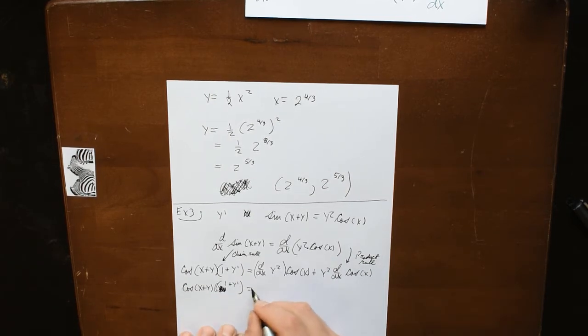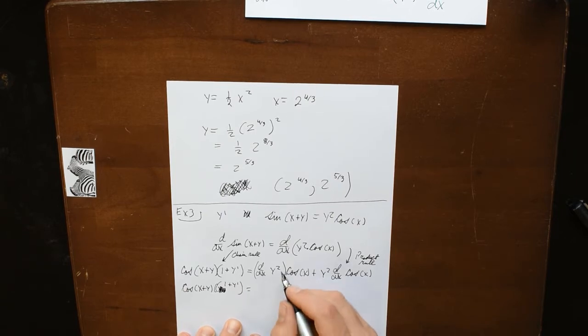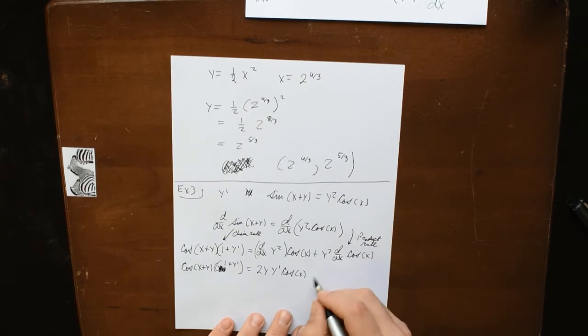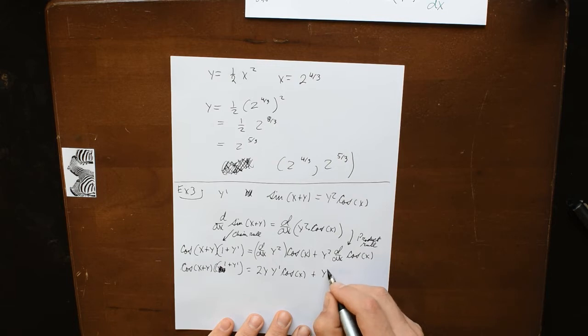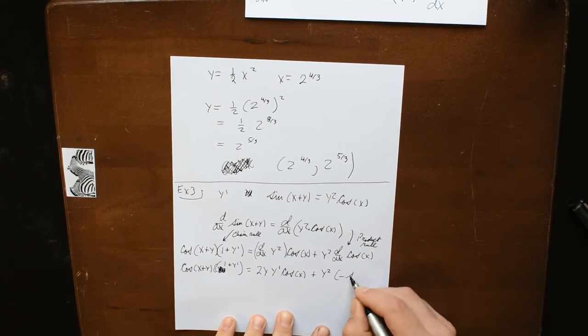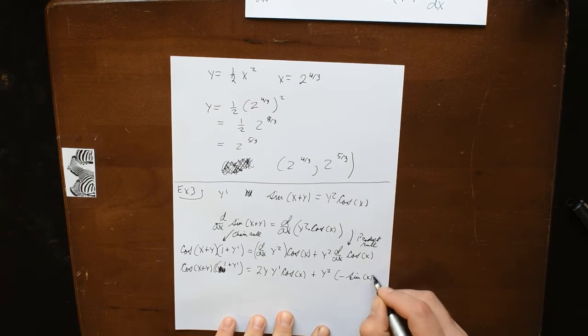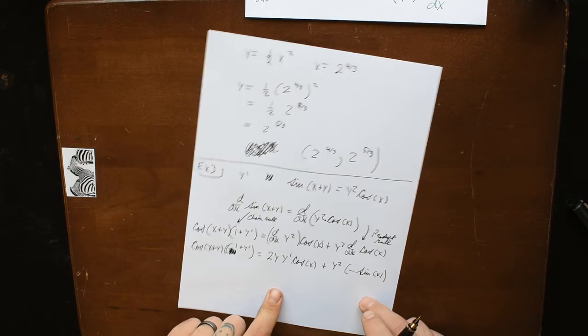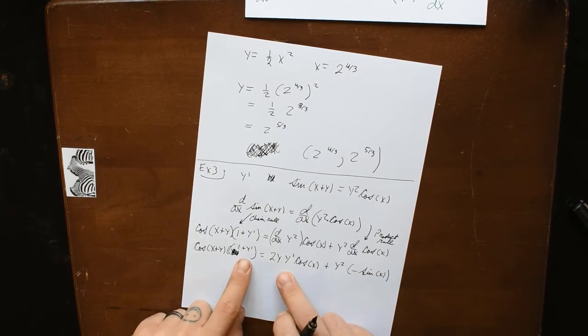And that's going to be equal to, this is a chain rule, power comes out, 2y, 2 take away 1 is 1, times the derivative of y, which is y prime, times the cosine of x, plus y squared is going to drop down. The derivative of cosine is a negative sine of x. Perfect. So now we're trying to solve for y prime.